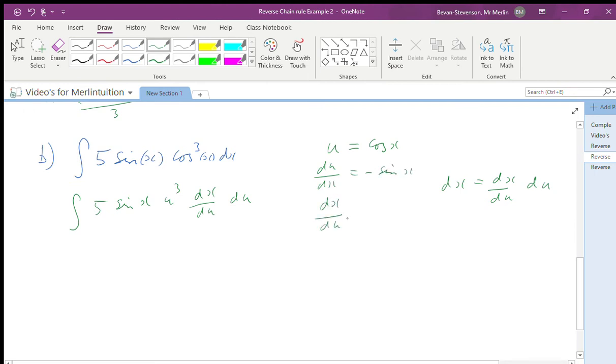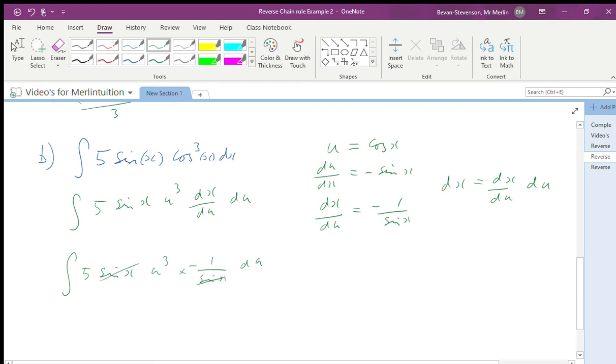Dx by du is minus 1 over sin x. So this is the integral of 5 sin x u cubed times minus 1 over sin x du.